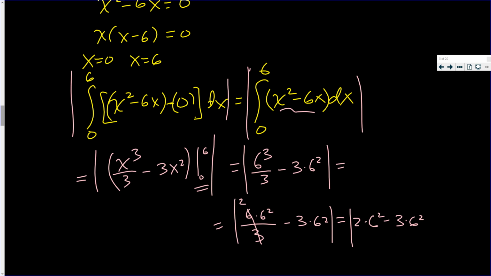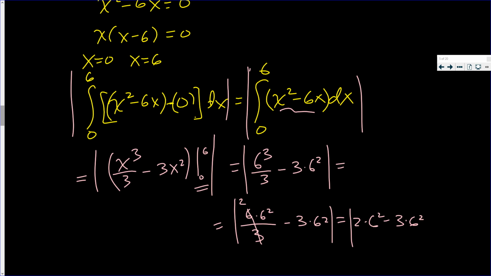Well, just like if 6 squared was x squared. If you have 2 times x squared, and you take away 3 times x squared, you have negative 1 times x squared. So this is negative 1 times x squared, which is 36. And that equals negative 36. So I did do it backwards. Final answer is 36. I did it backwards.